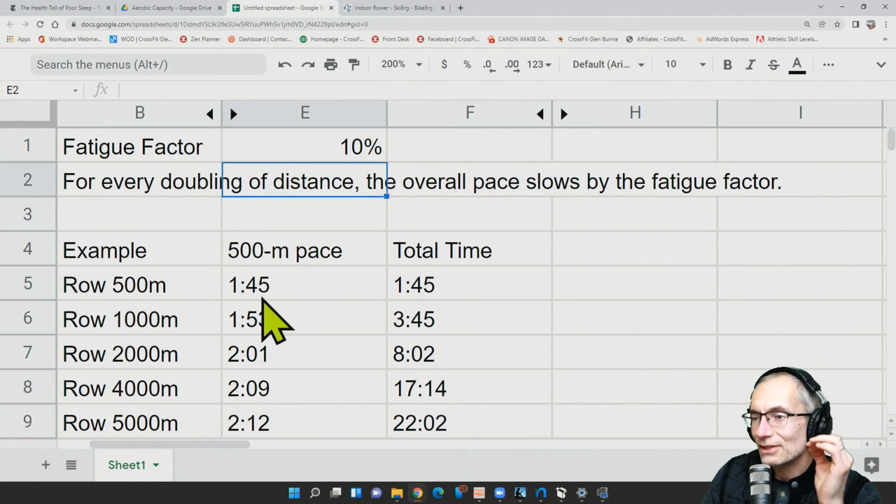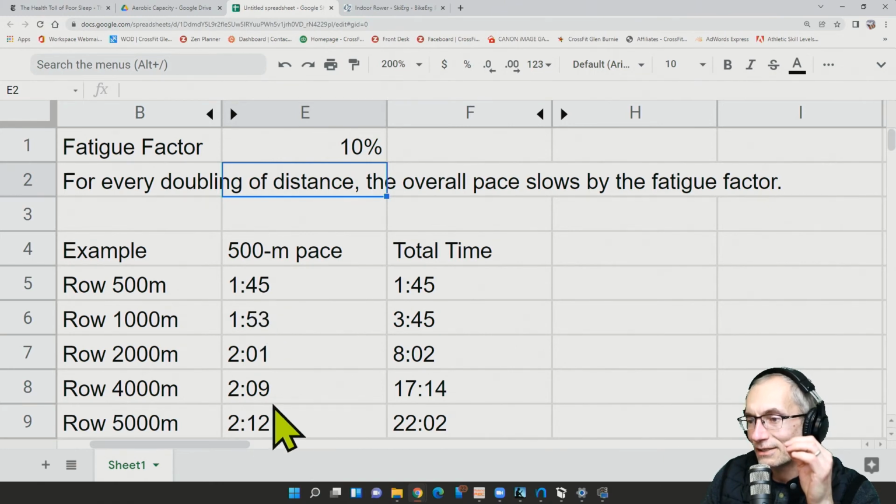So somebody that has a strong 500 meter row of 1:45 is going to be able to hold and sustain somewhere around a 2 minute and 12 second pace for a 5,000 meter. Now it's definitely on the uncomfortable side, so you may decide to hold off a little bit on that, maybe add 10 seconds across the board.